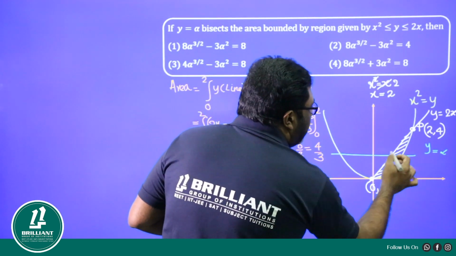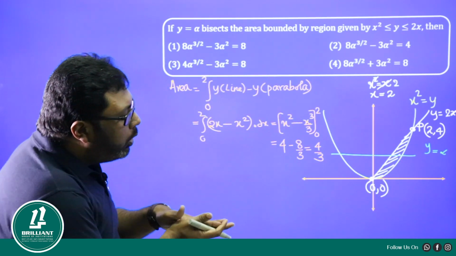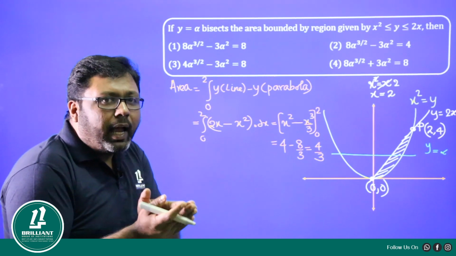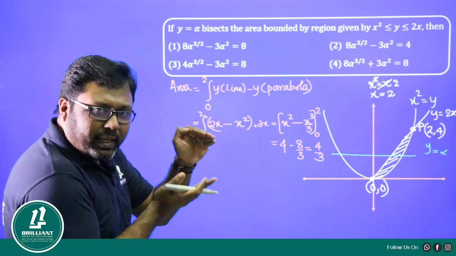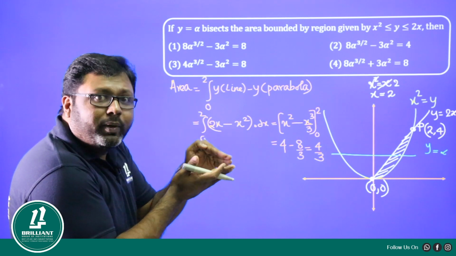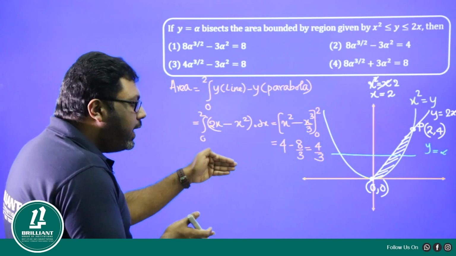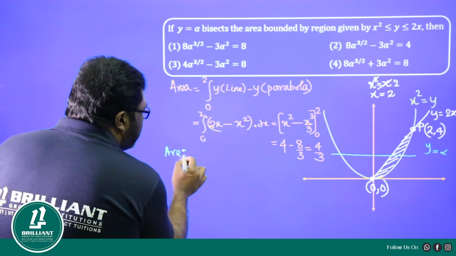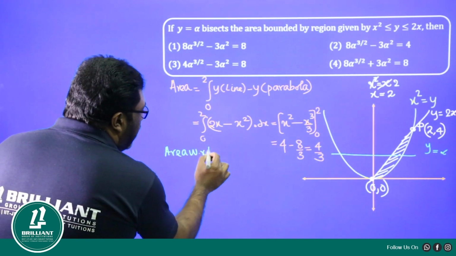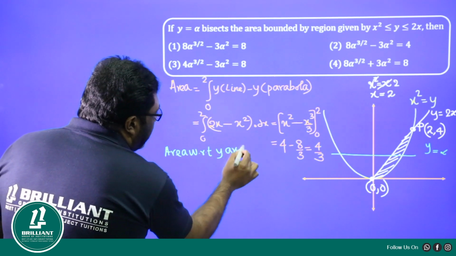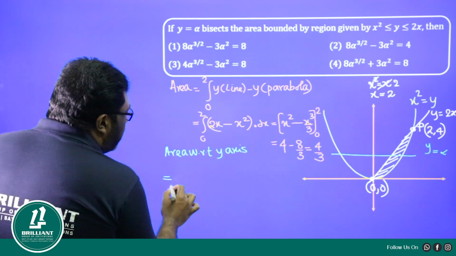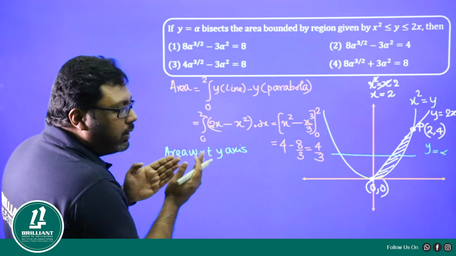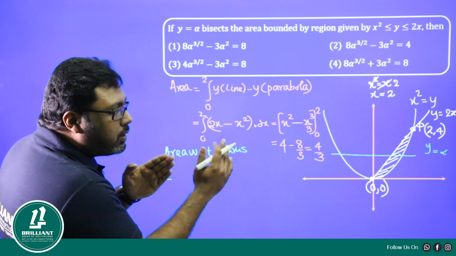Now, if this is the line y is equal to alpha, and if I want to relate this area with respect to the value of y, which is alpha, I have to find the same area with respect to the y-axis. Area with respect to the y-axis is given by, what is it? The curve on the right minus the curve on the left.